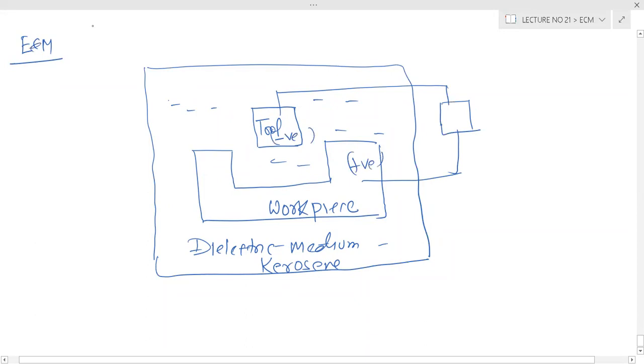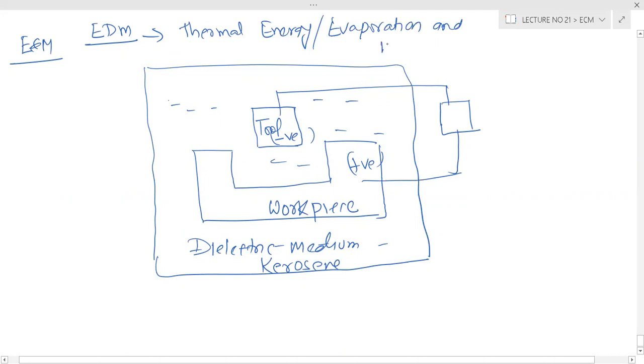So we are discussing EDM. Basically, how is material removed? By thermal energy, or we can say by evaporation and melting. Try to understand.